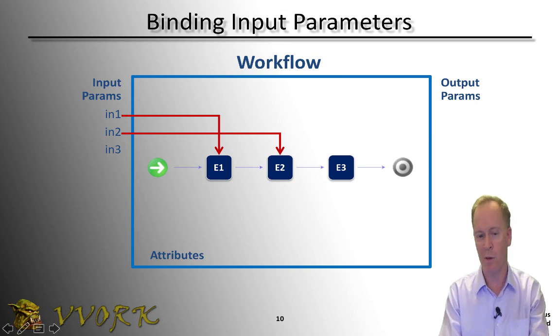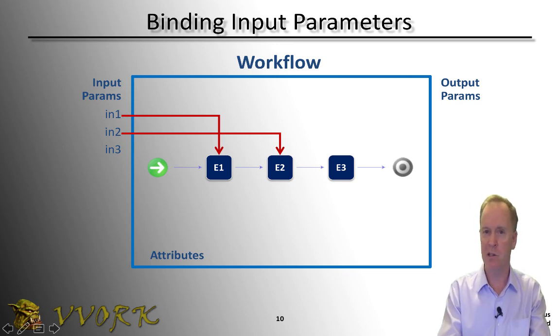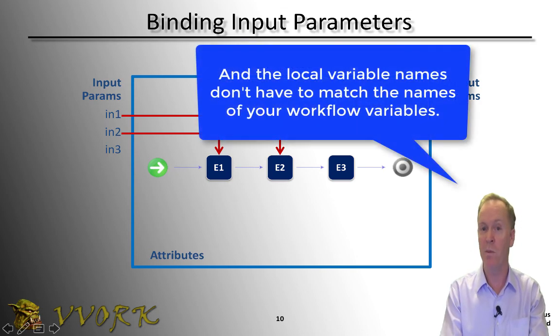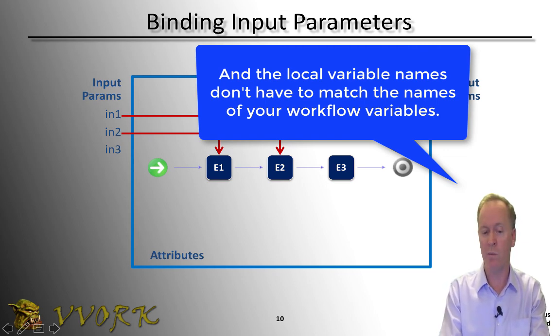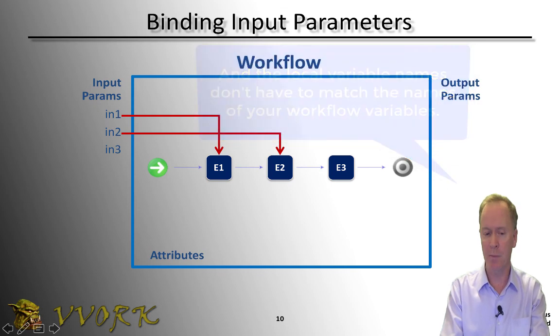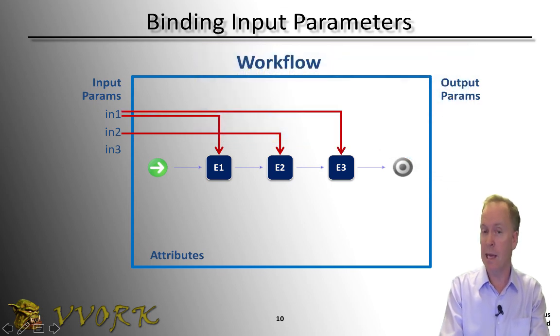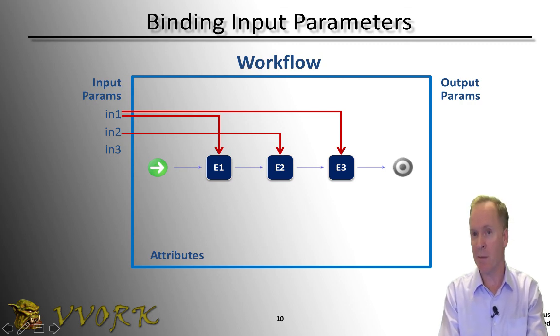Now those numbers happen to match right now. In1's going to schema element 1, in2's going to schema element 2. That's just a coincidence. There's no need for your input parameters and your schema elements to have the same number or be named the same or anything like that. To drive that point home, and another point too, let me add one more binding here. So notice that the input parameter in1 is bound to a variable in schema element 3.